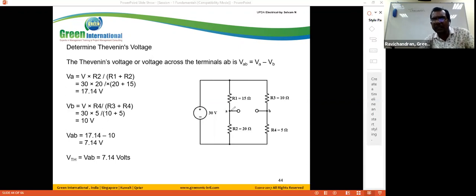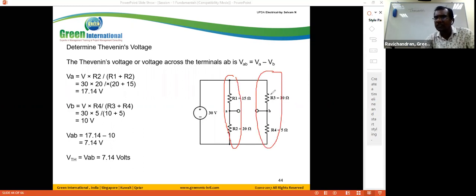Forget about A and B. If you just imagine erasing the points A and B, this is a simple parallel circuit. This is one branch, this is another branch. In a parallel circuit the voltage is the same. So the voltage across the R1, R2 combination is 30 volts, and the voltage across R3, R4 is 30 volts.